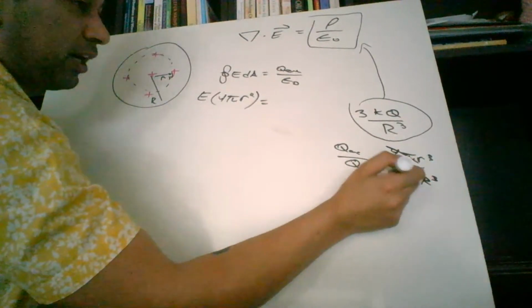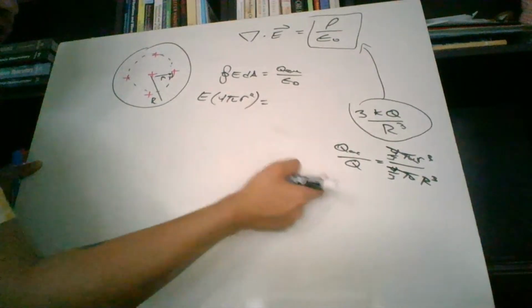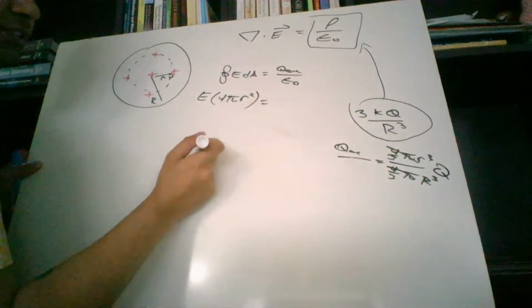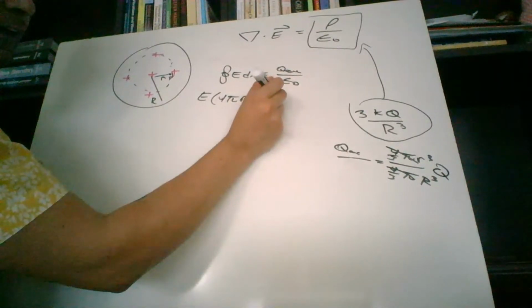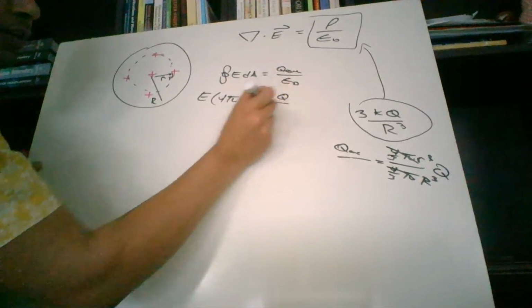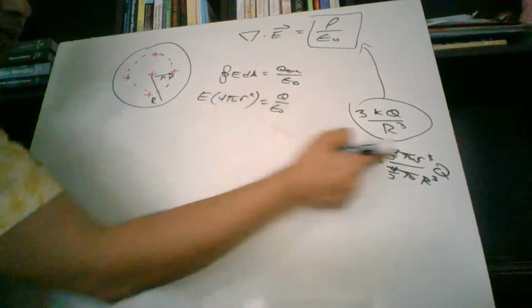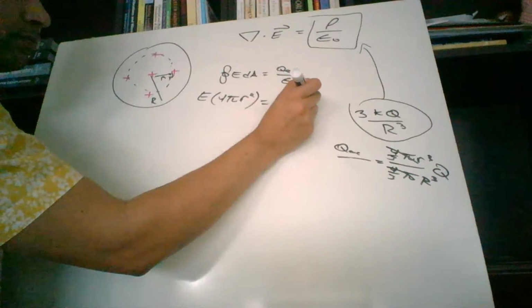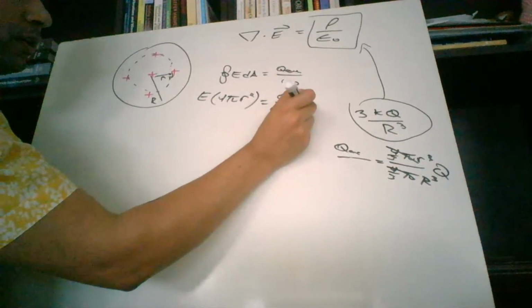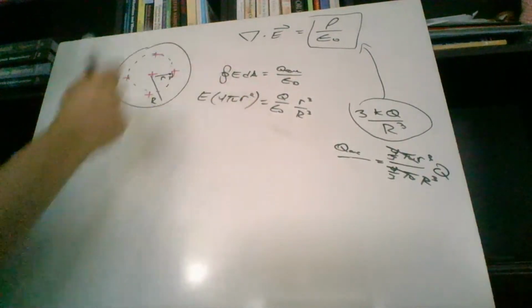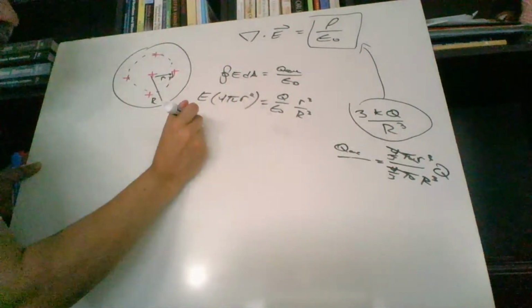And the 4/3 pi's go away, and you're left with Q enclosed, which is equal to, we'll write it as Q over epsilon naught, and then the r cubed divided by big R cubed, like that.